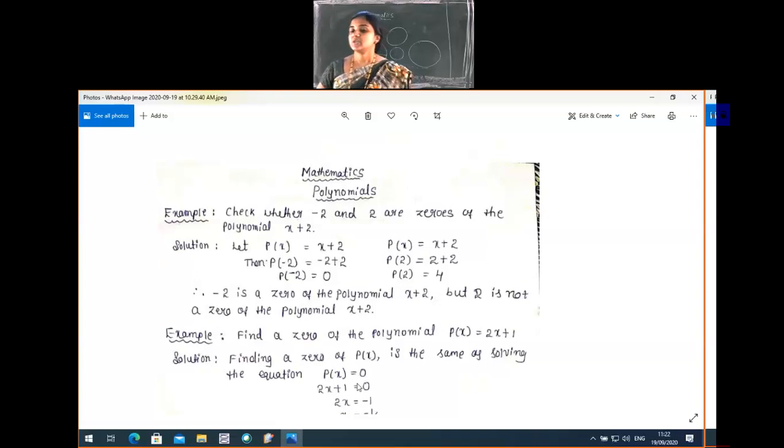First question: check whether minus 2 and plus 2 are zeros of the polynomial x plus 2. So we have to check now.